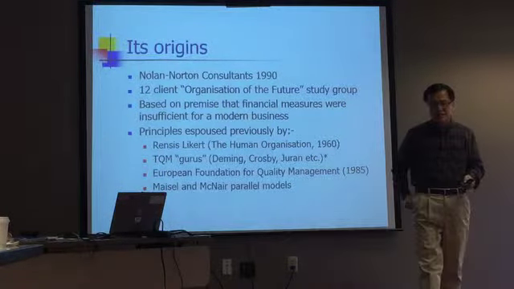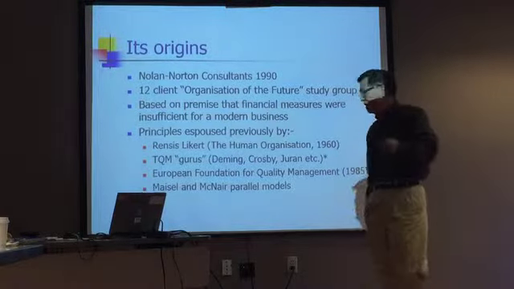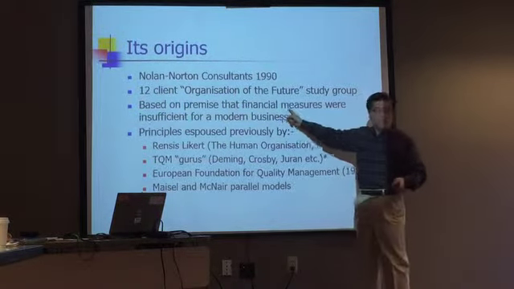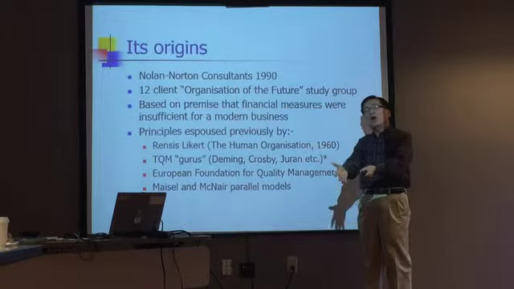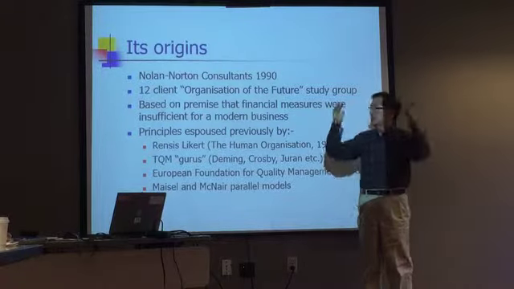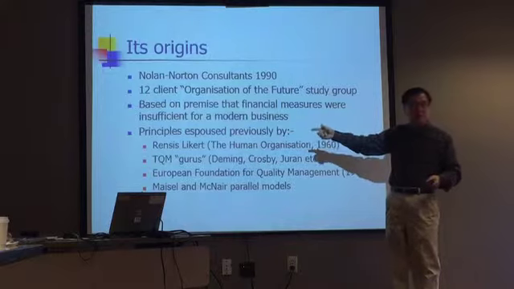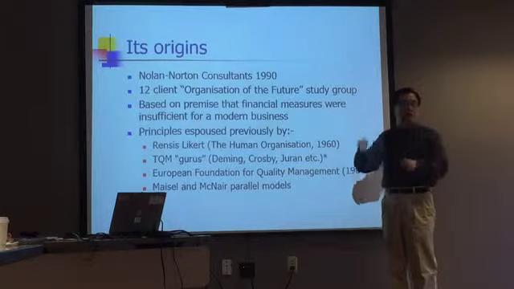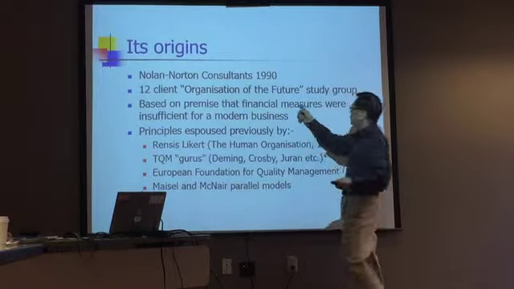In other words, if you evaluate performance by financial numbers, the annual report, this is way too late to improve anything that happened in the past. By the time you find out ROA is 10%, everything has been done. And we know all the problems of financial measures.